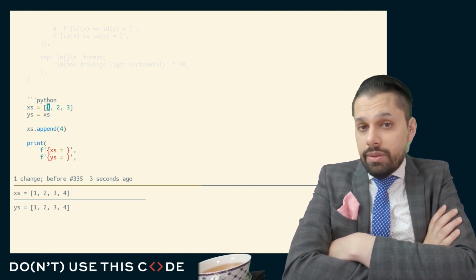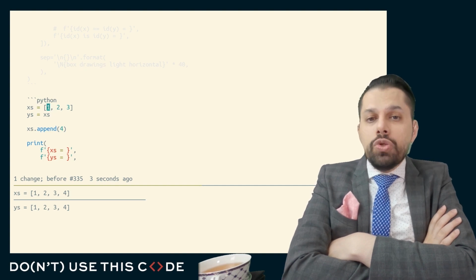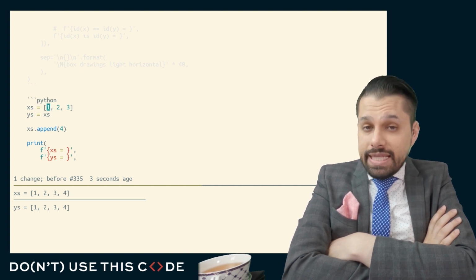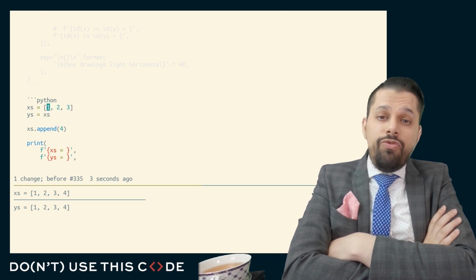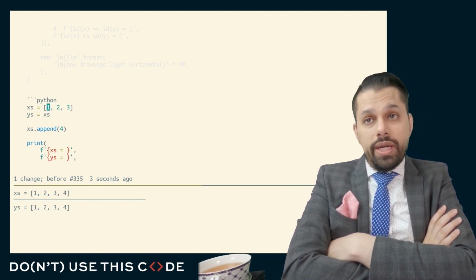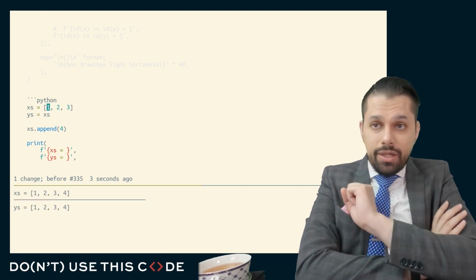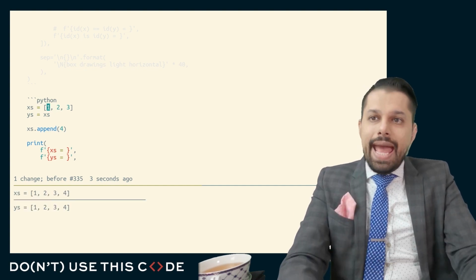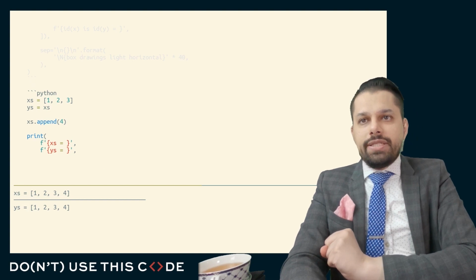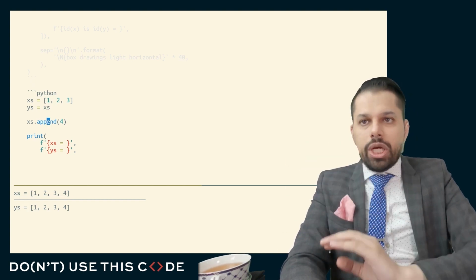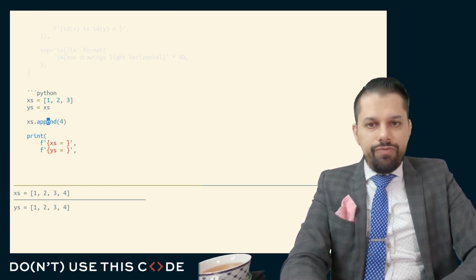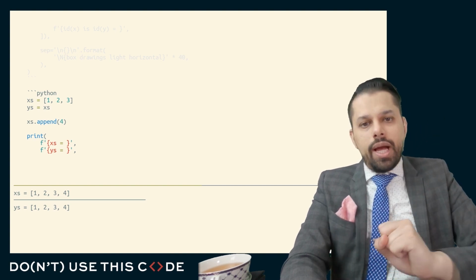Where we would see a difference is, what if we mutate that underlying object? Will we see that mutation via both names or just via one name? Here we have the case that xs and ys are identical and equivalent. If we append 4 to xs and we get 1, 2, 3, 4, when we look at ys it also has 1, 2, 3, 4, because they're two names referring to the same underlying object.